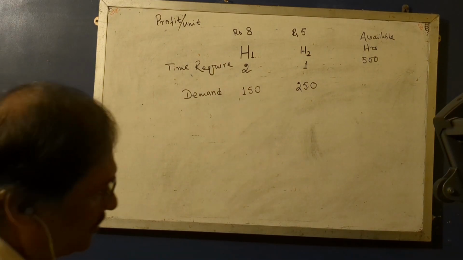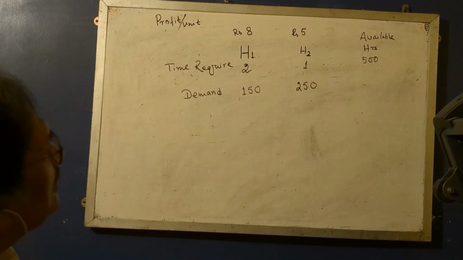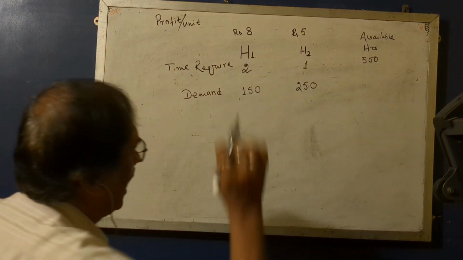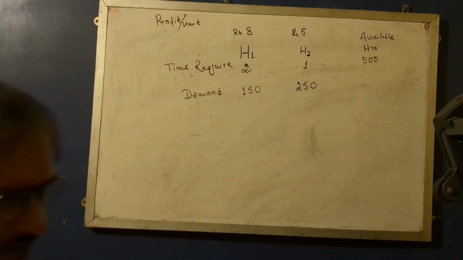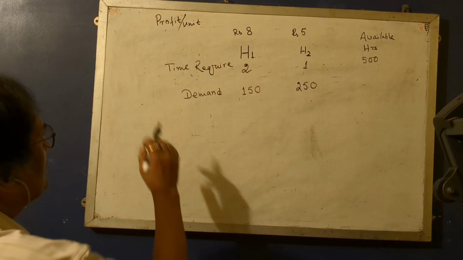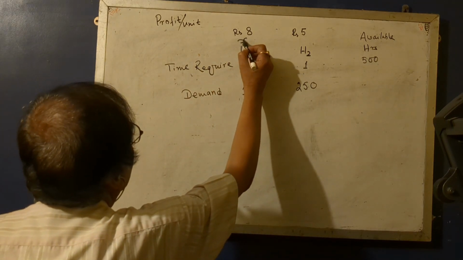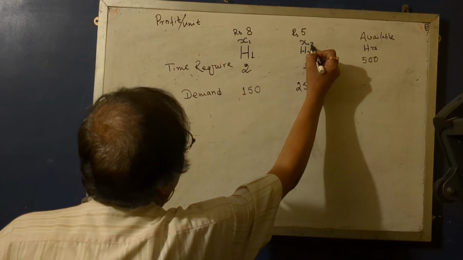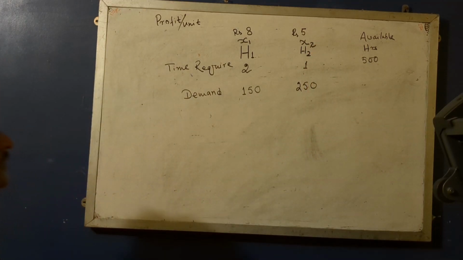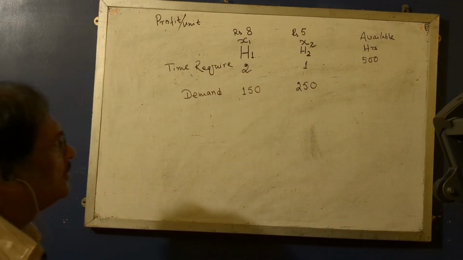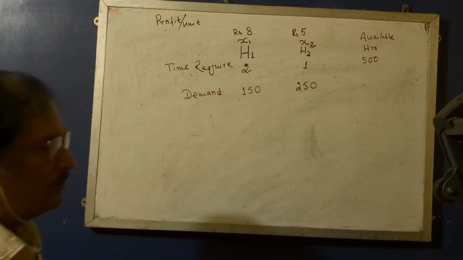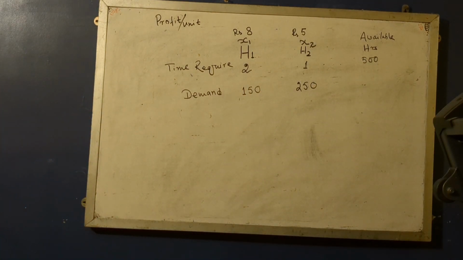What you have to determine from this problem is how many you will produce of hat 1 and hat 2 so that the profit will be maximum. Suppose you will produce x1 units of hat 1 and x2 units of hat 2. You have to determine this x1 and x2 so that the profit will be maximum.